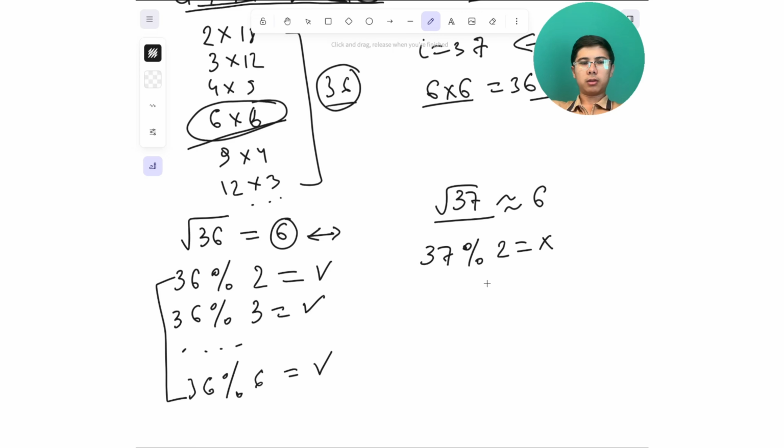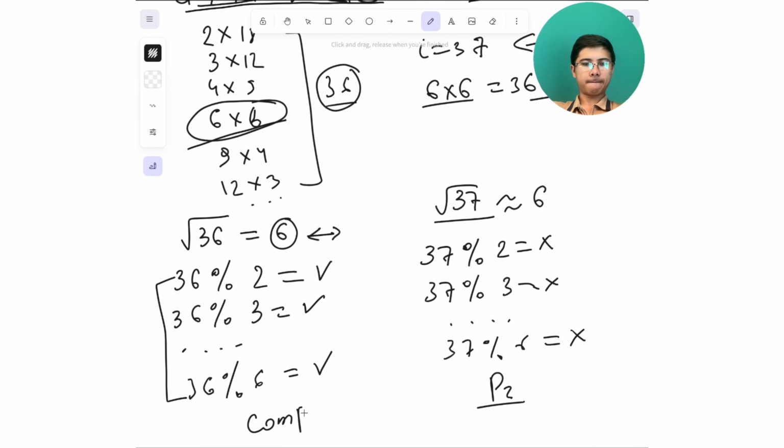The answer is no, so we can continue. 37 modulo 3, it's also not. Up to 37 modulo 6, it's also not divisible. As we said, we only checked up to 6, and none of the numbers divided 37. It means 37 is a prime number. It is divisible only by 1 and 37 itself.